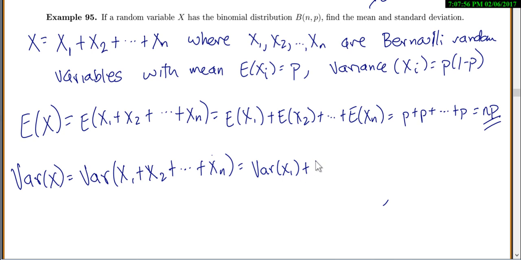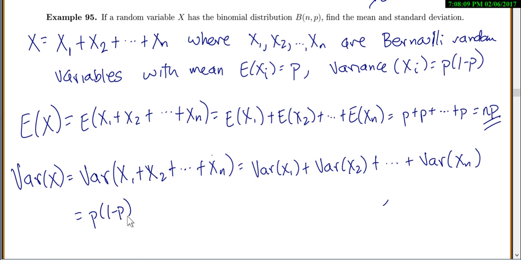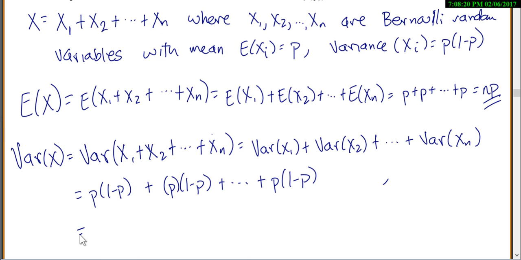So variance of x1 plus variance of x2 plus up to variance of xn. Now each variance is p times 1 minus p, and the next one is still p times 1 minus p, up to the last one. So we had n of those added up, so it's n times p times 1 minus p.